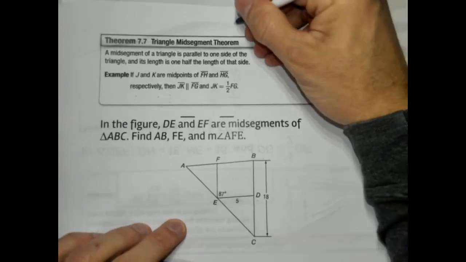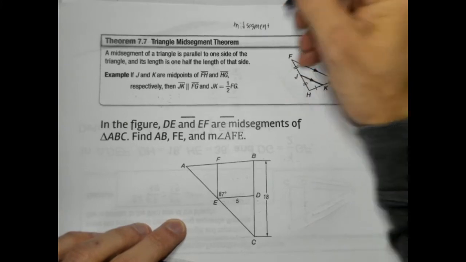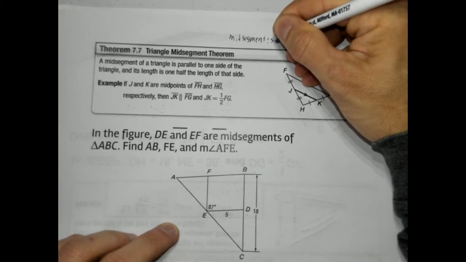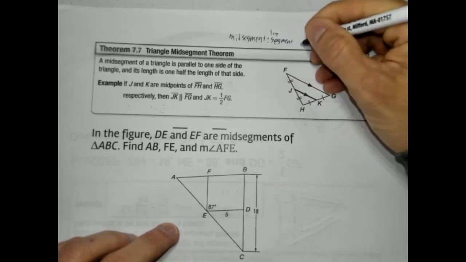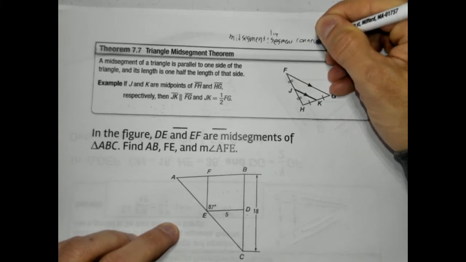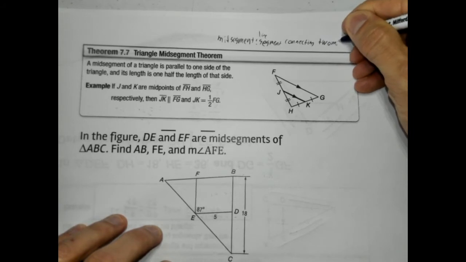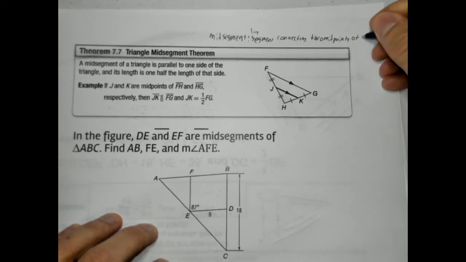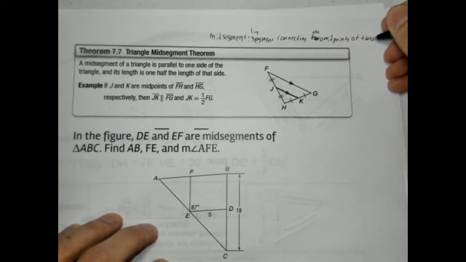So a midsegment, just so we remember, is a line segment connecting two midpoints, I should say the midpoints of two sides of a triangle.